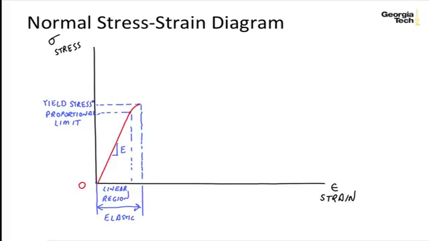Once we get after the yielding, we start to get a lot of strain for little or no increase in stress. And so we go along, and this can be a very, very long section. So I'm going to put some marks here indicating that it could go on quite a ways. And we continue out, and this is called the perfectly plastic region because it's plastically deforming.